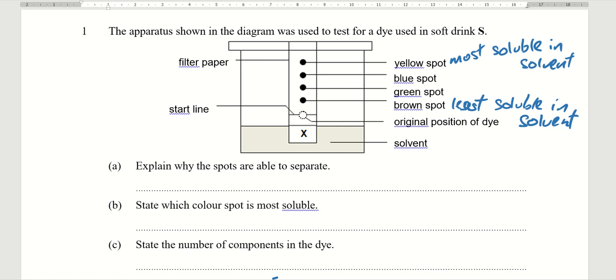So explain why the spots are able to separate. Basically, because the dyes have different solubility in the solvent.